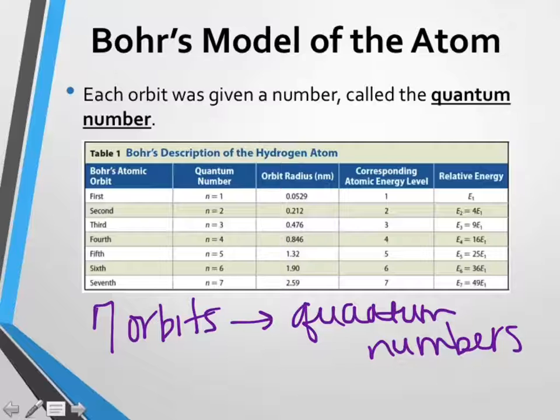So you could have a quantum number of 1, 2, 3, 4, up to 7. The further your orbit is away from the nucleus, the more energy you're going to have.